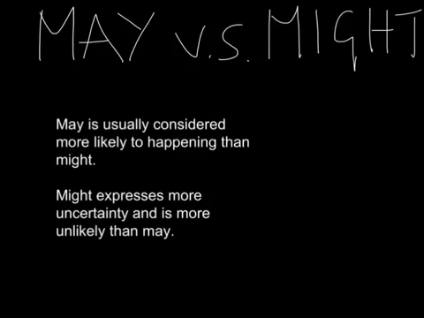So you might clean your room, but you may call your friends later. You might climb Mount Everest someday, but you may go hiking in the foothills next weekend. So to sum it up, may is more likely than might, which expresses more uncertainty and is more unlikely.